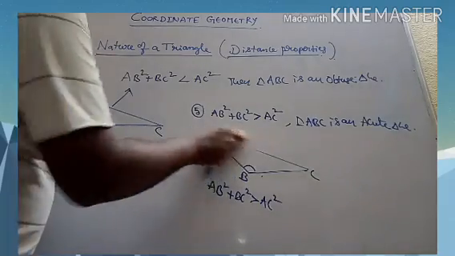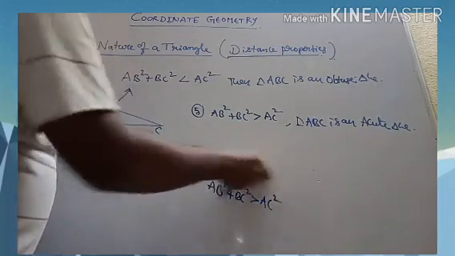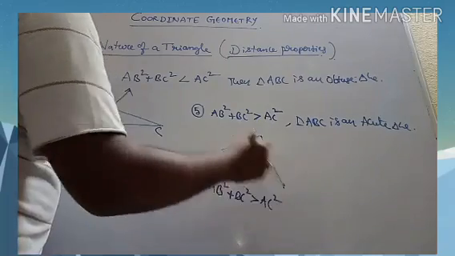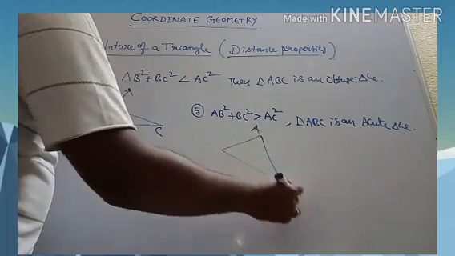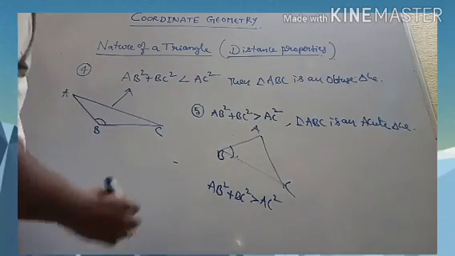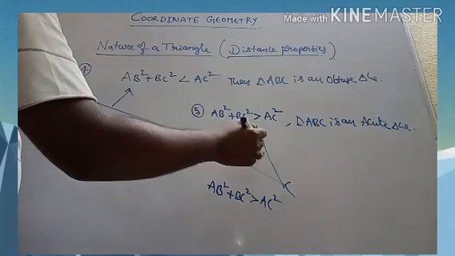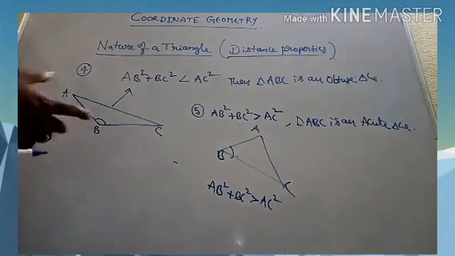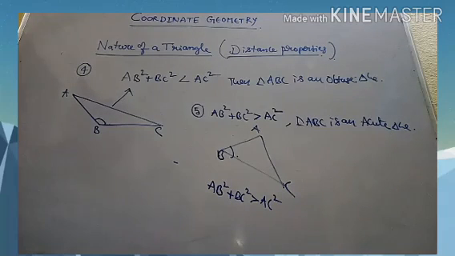And this is the diagram for that. Suppose you have A, C and B like this. Here you have AB square plus BC square is greater than AC square, then triangle ABC is an acute angle triangle. That way you can decide which triangle it belongs to.